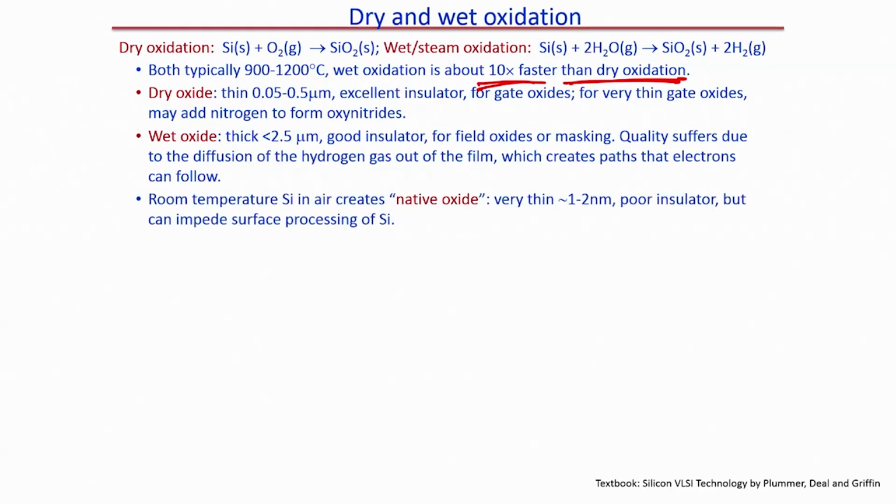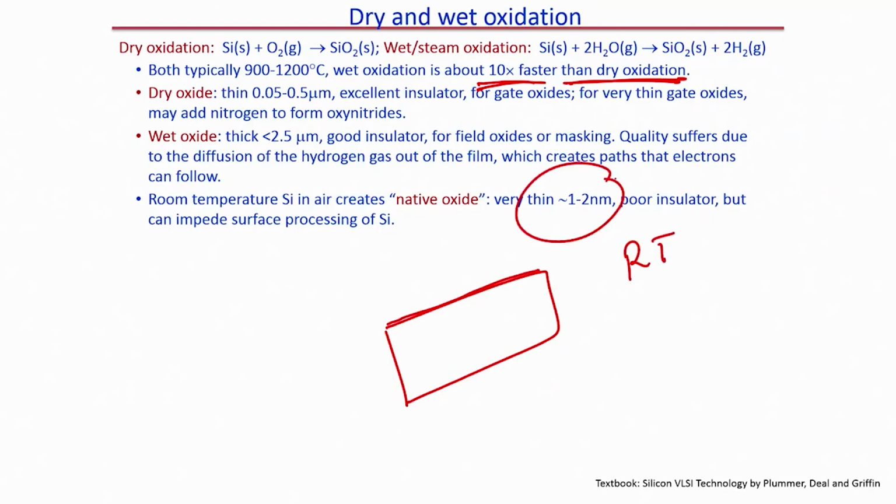There is something which is always there. When you get a new silicon wafer and keep it at room temperature, there will be a thin layer of oxide, which is a poor insulator, but can impede the silicon processing. That is why, whenever the wafer is at room temperature in the laboratory, the first step that you need to do is perform an HF dip.